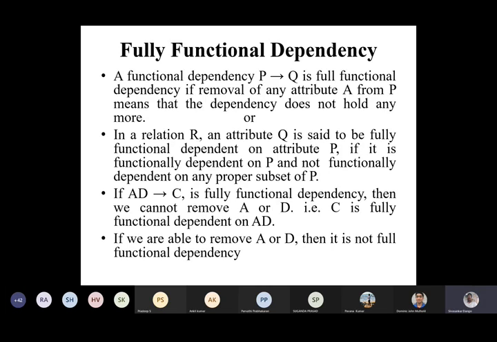You have a functional dependency between two attributes P and Q, where P is a determinant, P determines Q. So Q is fully dependent on P if the removal of any attribute A from P means that the dependency does not hold anymore. For example, if AD determines C is a fully functional dependency, then we cannot remove either A or D. So C is fully functionally dependent on A and D.